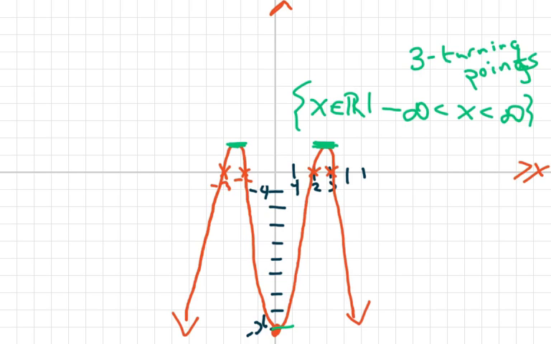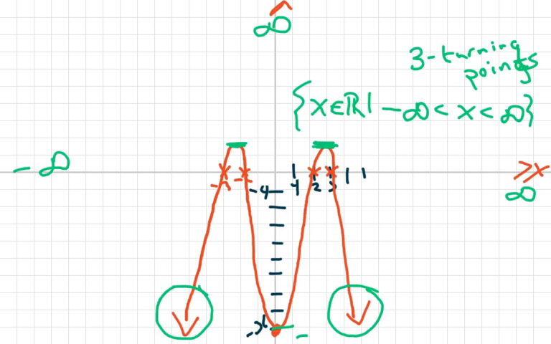And then for the end behavior, what we're looking at is this area in here. Okay? So you put infinity here and here, negative infinity here, negative infinity here. So as x approaches negative infinity here, y is approaching negative infinity.